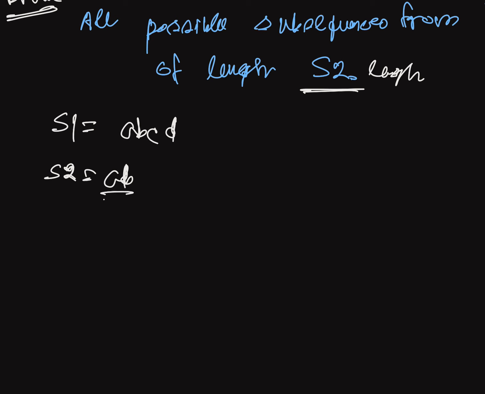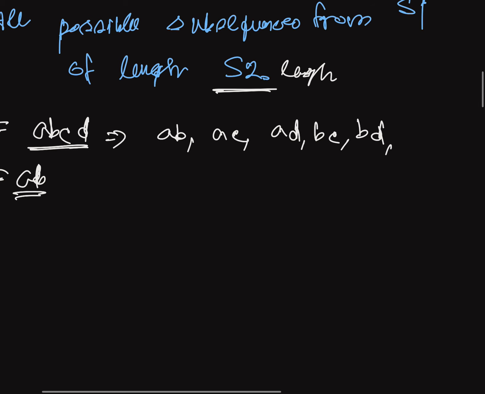The string 2 length is 2, so our subsequence from string 1 should also have length 2. So we generate all possible subsequences from string 1 of length 2. It will be AB, AC, AD, then BC, then BD, then CD. These are all possible subsequences of length 2.